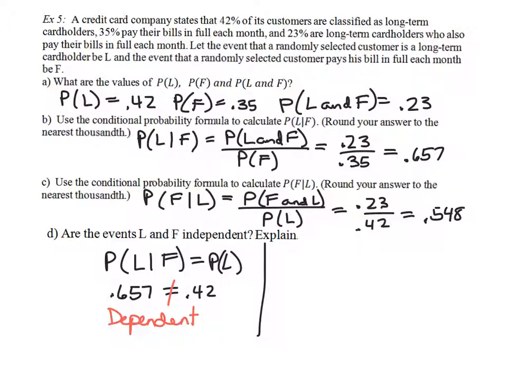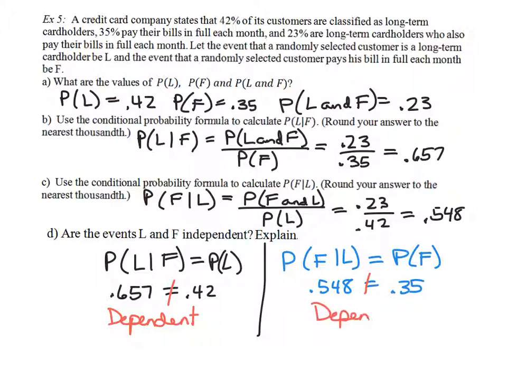Just to be sure, for the second one, in order to be independent, the probability of F given L would have to be equal to the probability of F. We know the probability of F given L is 0.548. And when we compare it with the probability of F, which is 0.35, again we see that they are not equal to each other. So this is another proof that these are dependent events.